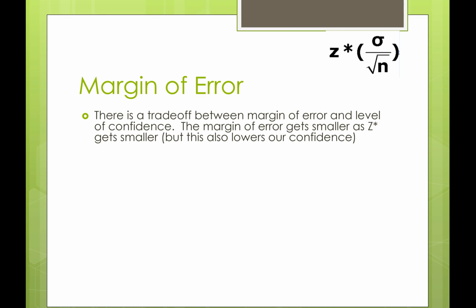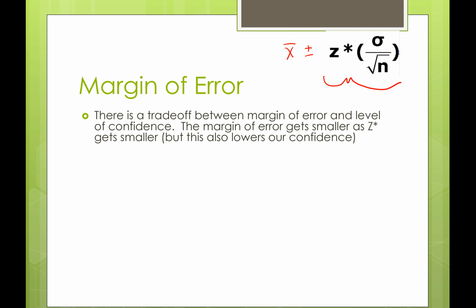All right. Last but not least, we have margin of error, and this is when you want a certain margin of error, and it's usually used to figure out what sample size should I get. The margin of error is always after the plus or minus of the confidence interval, because it's what you're adding and subtracting to the mean.